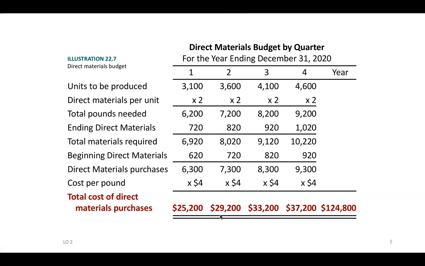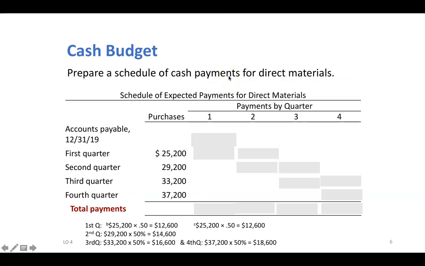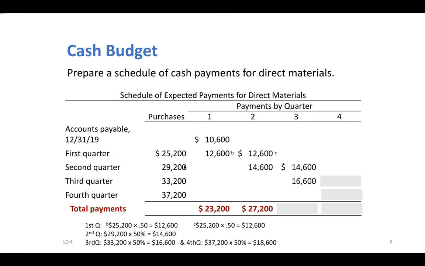And our pattern is that half of the purchases are paid within the same quarter, the other half next quarter. So out of the 25,200, we pay 50% of it in Q1, the other 50% in Q2. And then out of the 29,200, 50% of it in Q2 and the other 50% in Q3, and so forth.